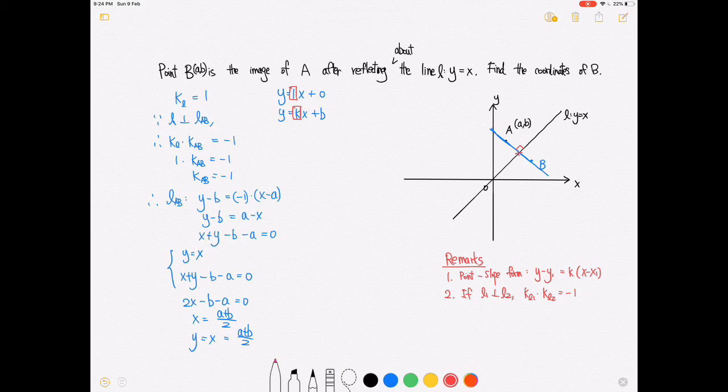That means the intersection point, the coordinates, okay? Let's say this point is point C. So the coordinates of this point will be ((a plus b) over 2, (a plus b) over 2).